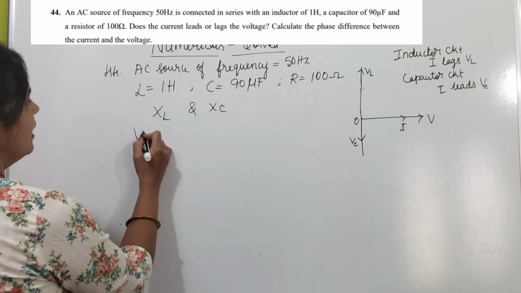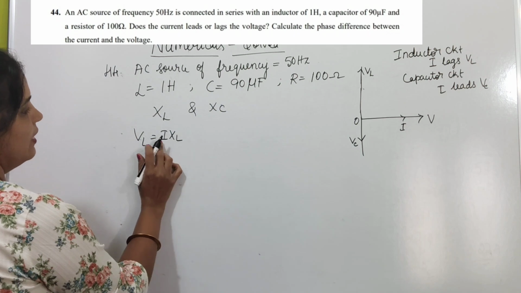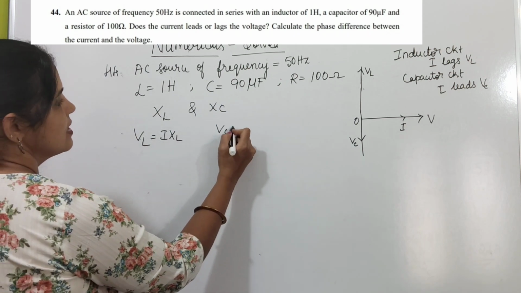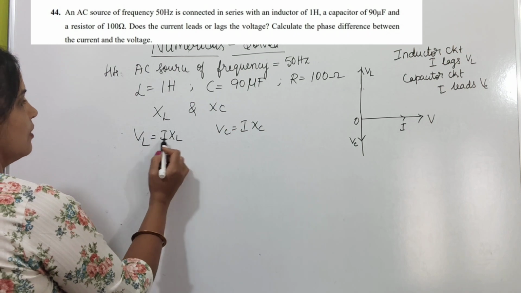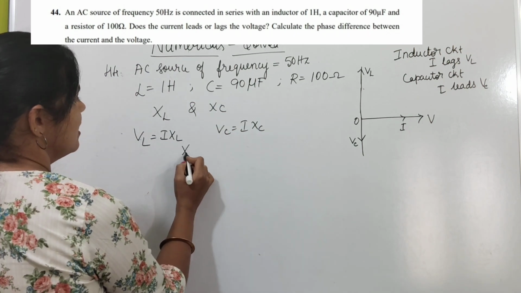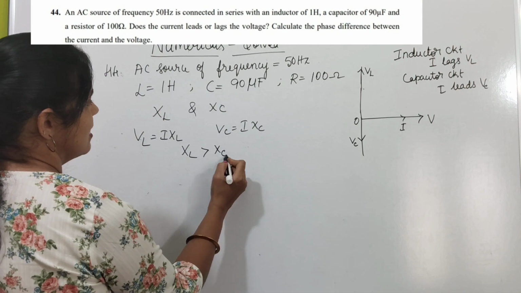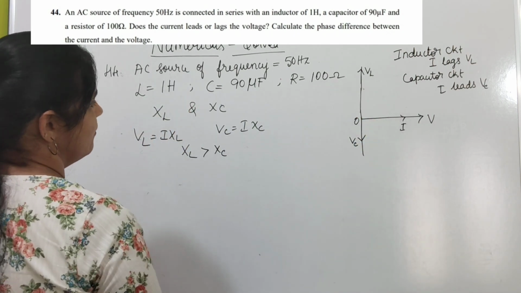We know that VL is equal to current into XL, right? VL is I XL. Similarly, VC is I into XC. So if XL is greater than XC, that means VL is greater than VC.